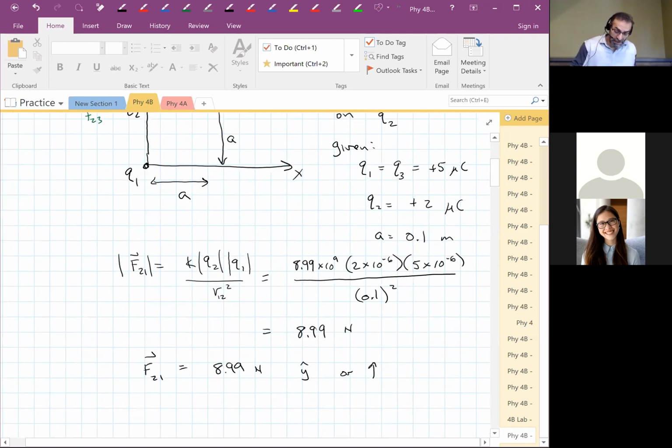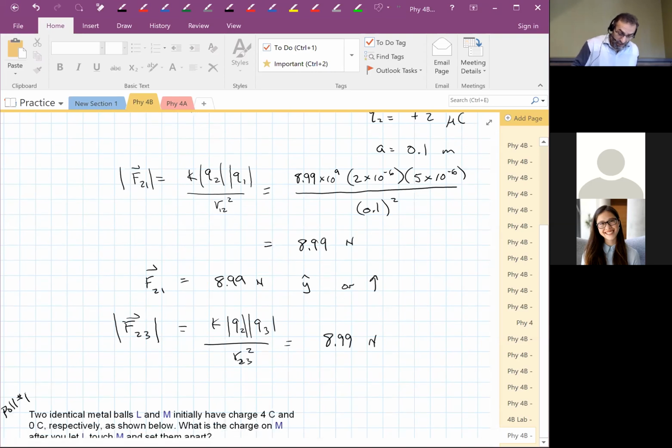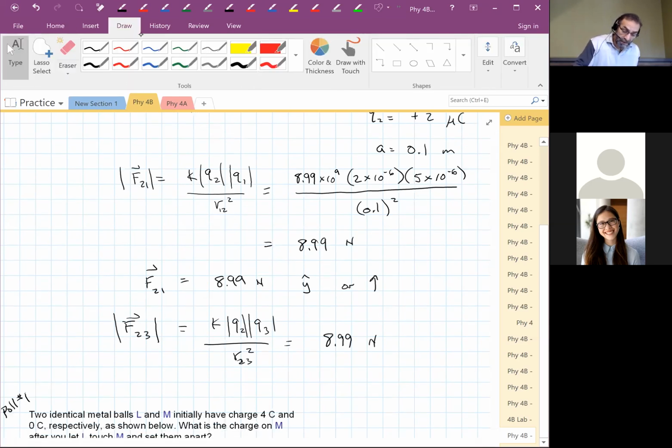Okay, so now we do the same thing for F2,3. First, you find the magnitude, and it turns out to be the same, right? And then we assign a direction to it.